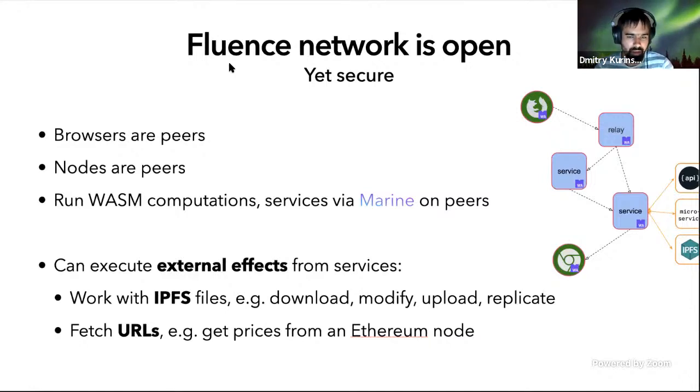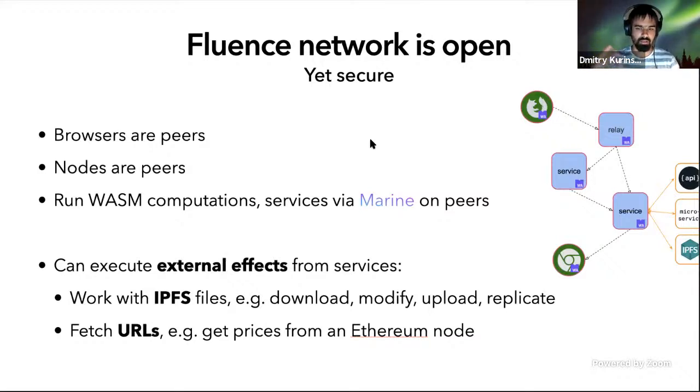Aqua is running in the Fluence network, and the Fluence network is a very open one. So browsers can be peers in the Fluence network. They are treated just as peers. You can call functions on the browsers if they allow you to do it.